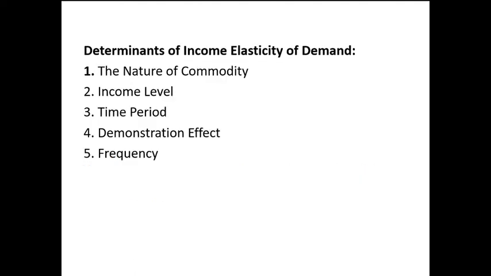So let us discuss the determinants of income elasticity of demand. The first one is the nature of the commodity. As we know, there are three types of commodities: necessaries, comforts and luxuries. For necessary goods, income elasticity EY is less than 1.